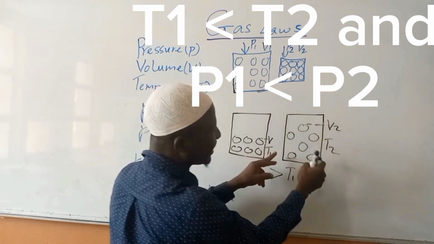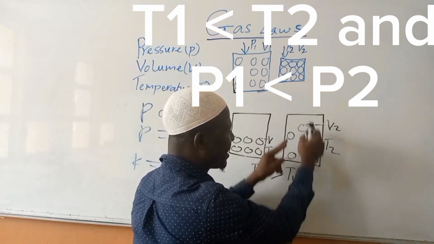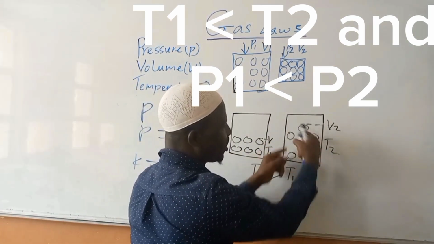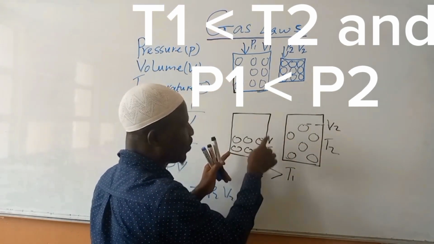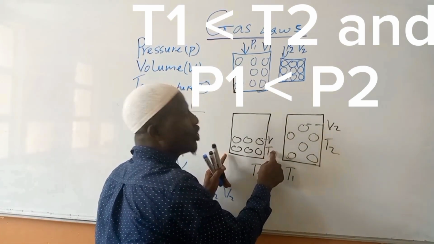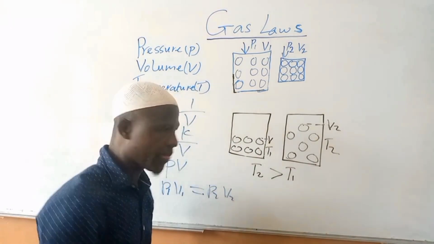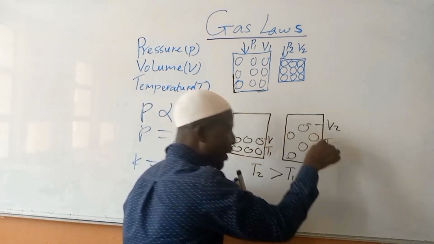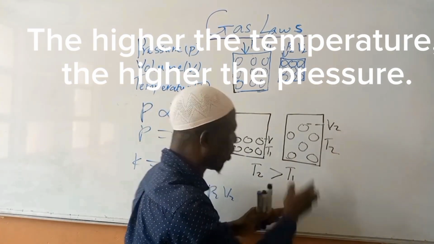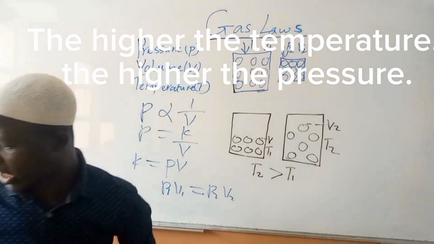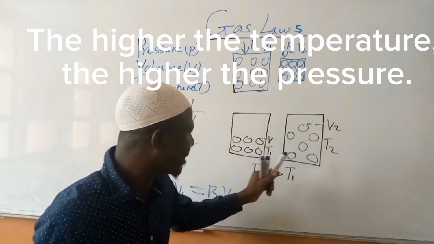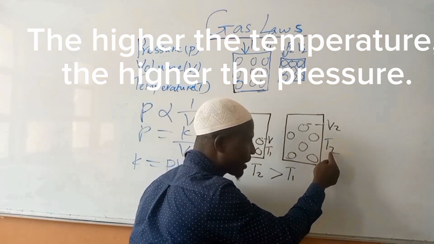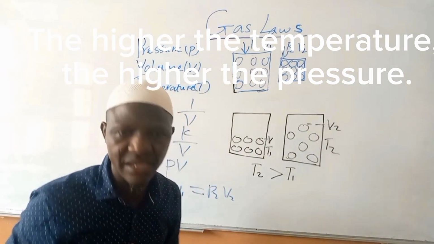Because we have increased the temperature here, you can see the pressure between the molecules increases. When you increase temperature, the pressure also increases. That shows that pressure and temperature are directly related.